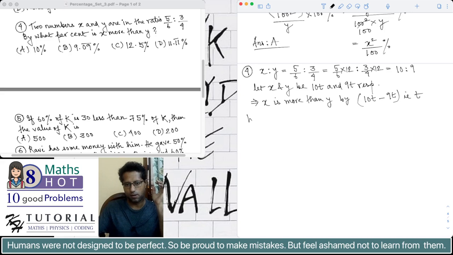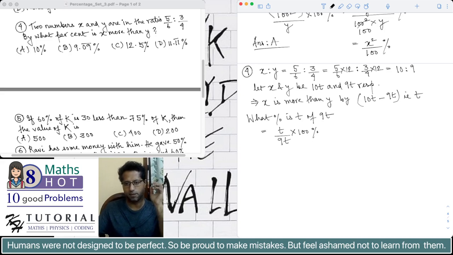So we have to find what percent t is of the value of y, which is 9t. This is equal to t divided by 9t multiplied by 100.